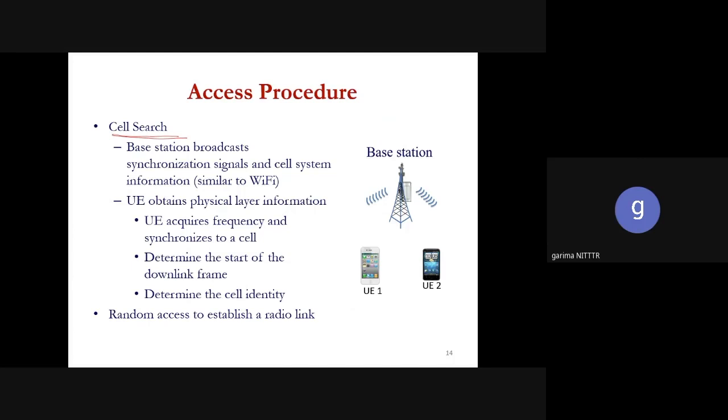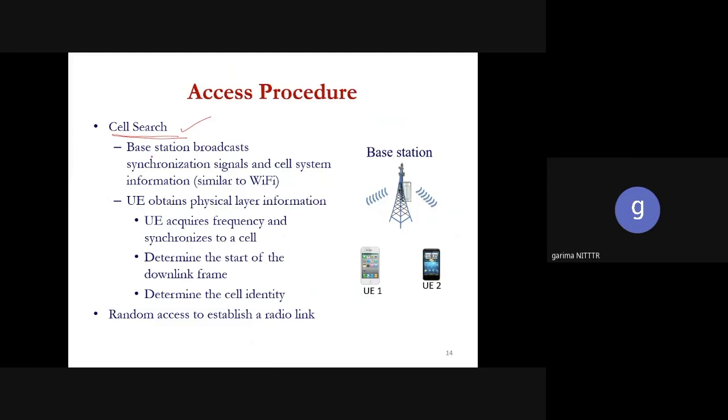If you are a Geo user, it will get connected to Geo. If you are a BSNL user, it will get connected to BSNL. If you are any other service provider user, you will get the services from that particular service provider. But for receiving those services, you need a base station connection, and for that the cell search will be done by your mobile phone.